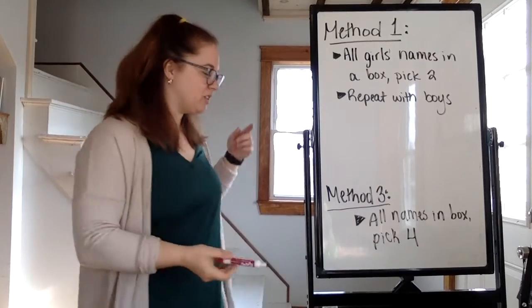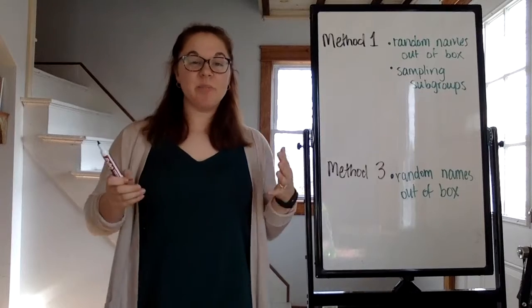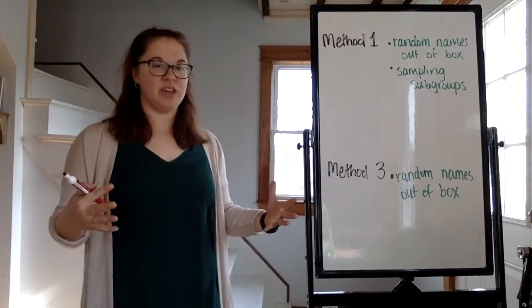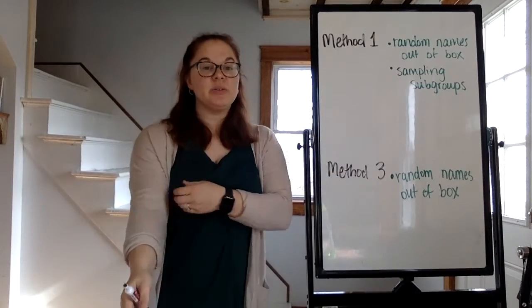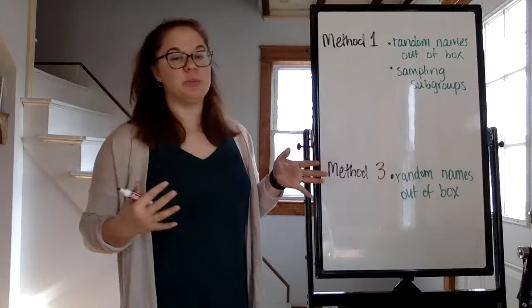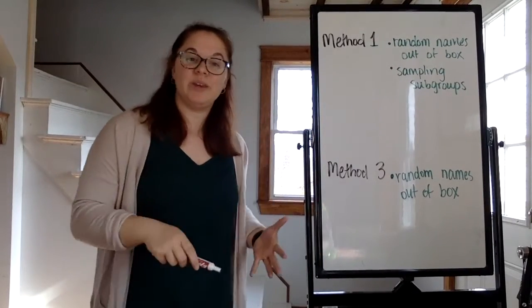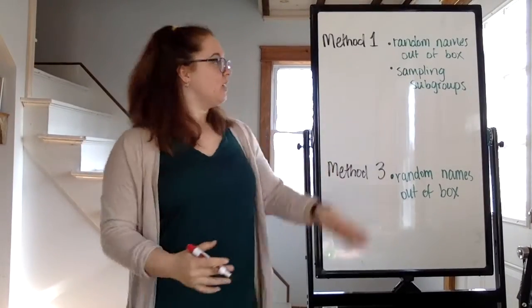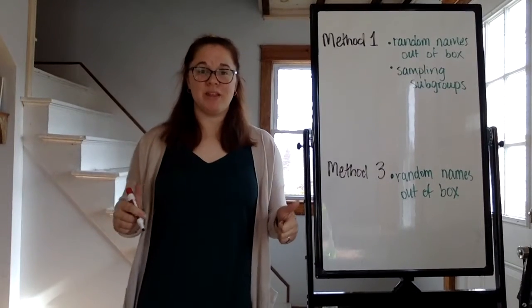So let's take a look at the other side. This creation of subgroups can be a very good thing, or it can be not a good thing, and it depends on how accurate your subgroups are. So it's really important when you create subgroups that there is a group that everybody fits into. So if we had a class where everybody identified as male or female, this would be a perfectly good random sampling method.